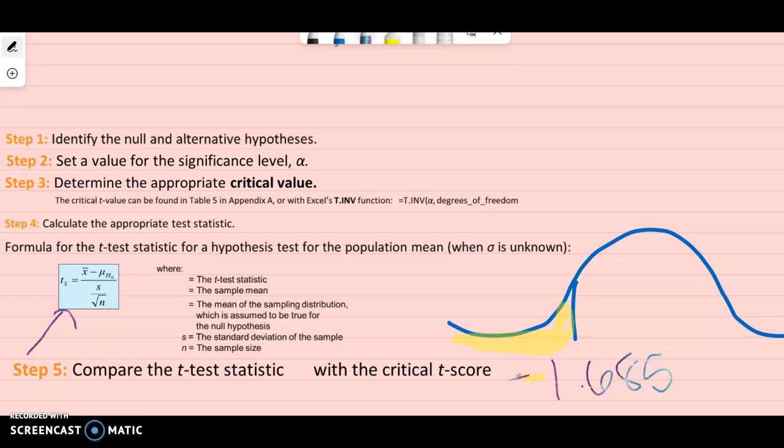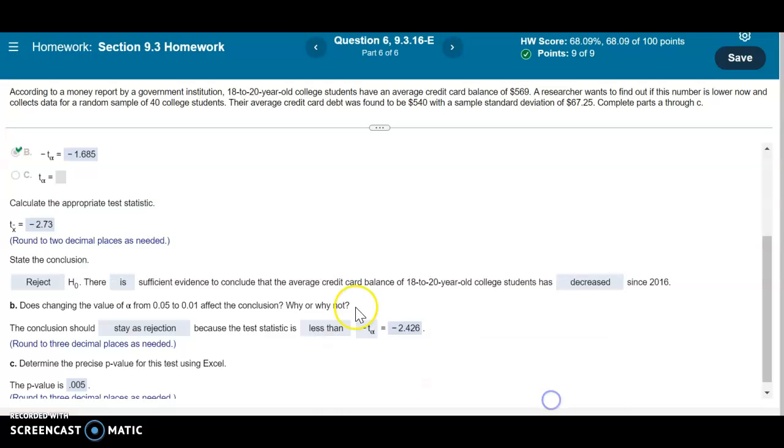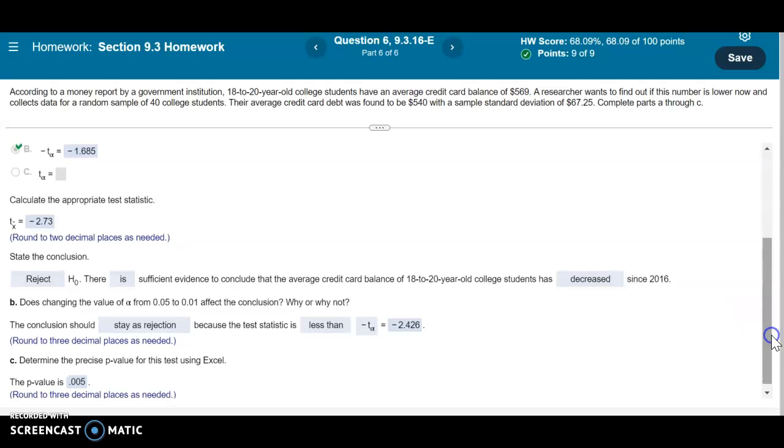So negative 2.73 would be in the rejection area. What are we rejecting? Well, we are rejecting the null, okay? So we would reject the null.